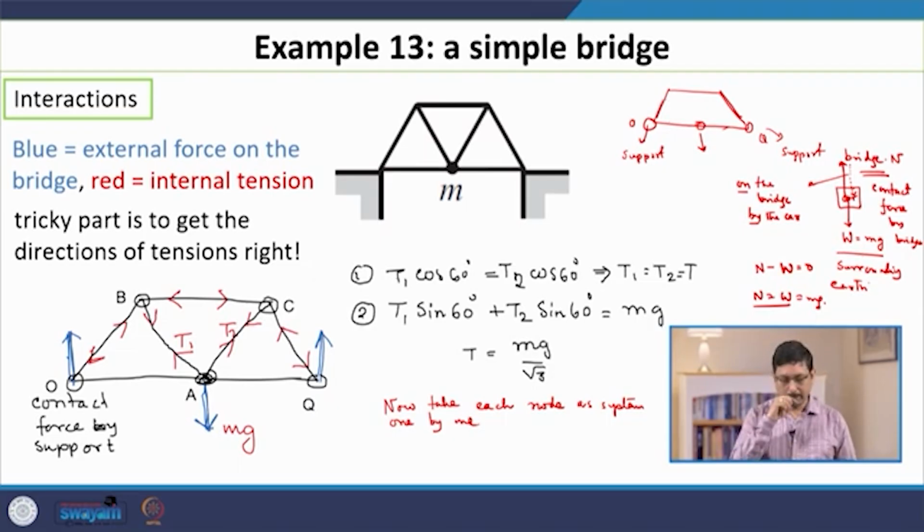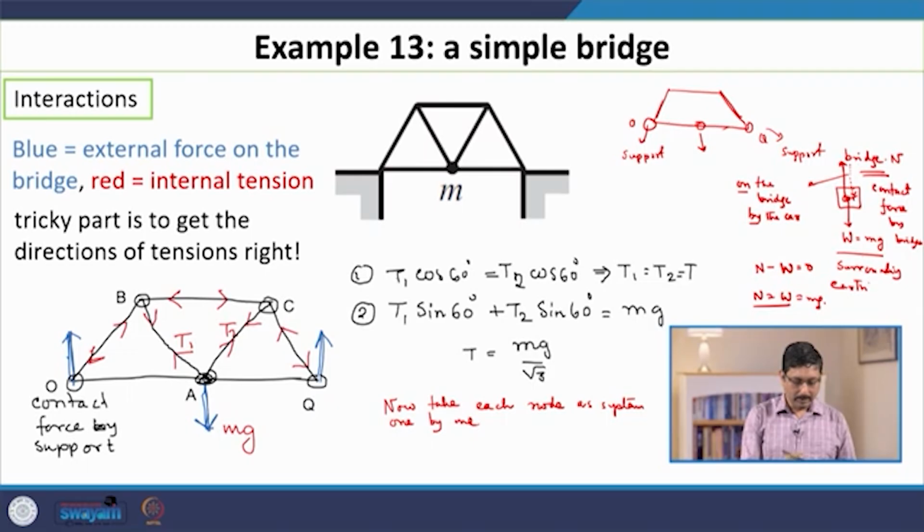This is the general strategy. Now, which node should you start with? You should start with a node on which the external force is acting. That always simplifies. That is an important trick to remember.